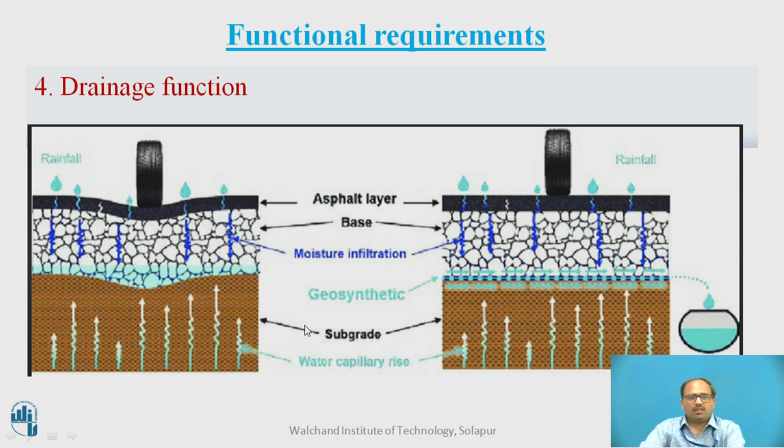In that case, I will place a geonet or any geotextile, so it holds the water transferring from subgrade to base layer. So this is the main drainage function mechanism.